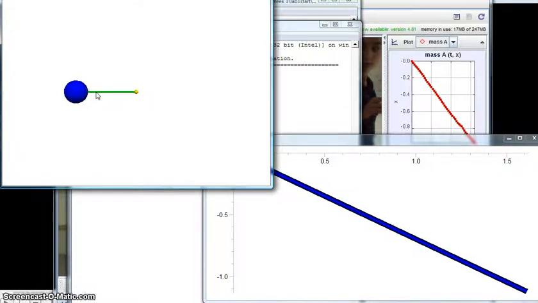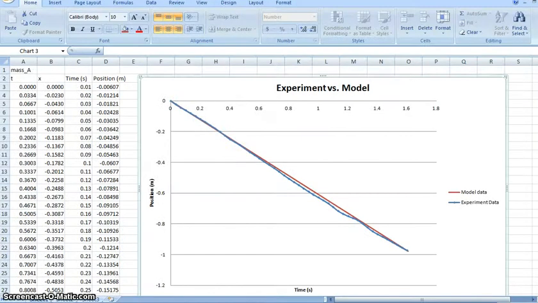What I did next was to export the information from the simulation and the information from Tracker, and I put it into an Excel document. Here I have time and position obtained from Tracker and time and position obtained from the simulation.